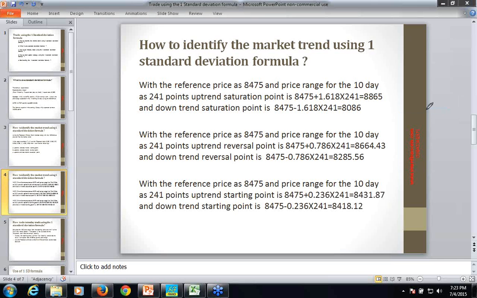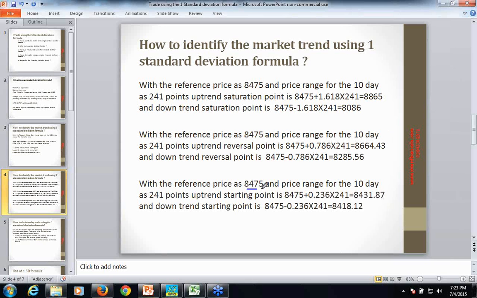So trend confirmation. Same reference point I have taken, 8475. In 10 days we are expecting Nifty should move 241 points. Using the Fibonacci 0.236 retracement means 8475 added with 0.236 multiplied into 241. It is telling me 8431.87.